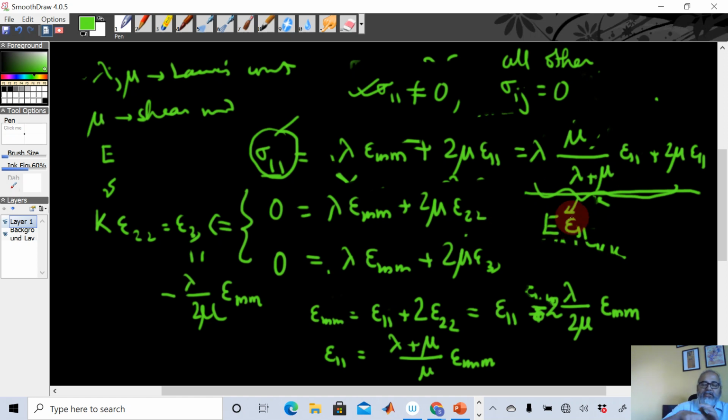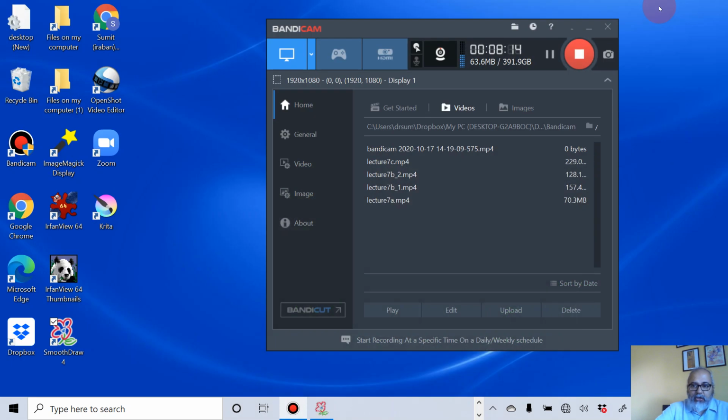This is what we generally measure in uniaxial testing machines, which are pretty standard machines available in almost any lab. Once you get E from this, again you can go back to your table and get any other constants depending on what you need. Okay, so let me stop here again.